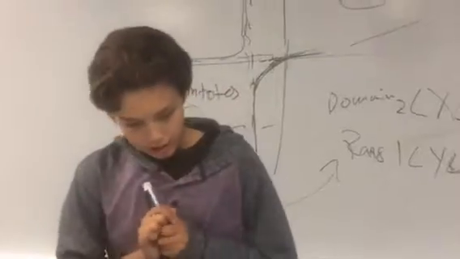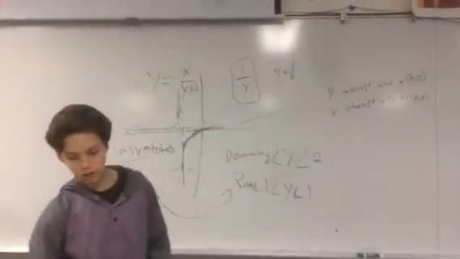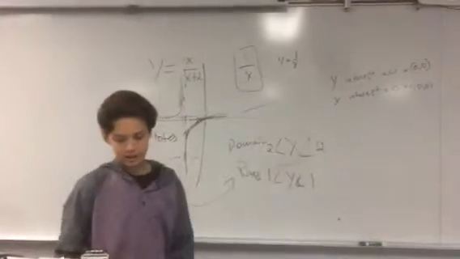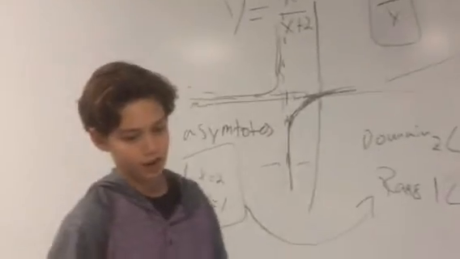And if we're trying to plot this point on the graph. Let's go. We have domain, we have range, we have the intercepts, and we have the asymptotes in the equation and the graph.